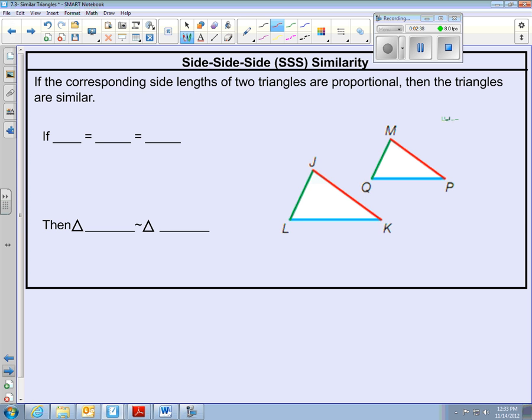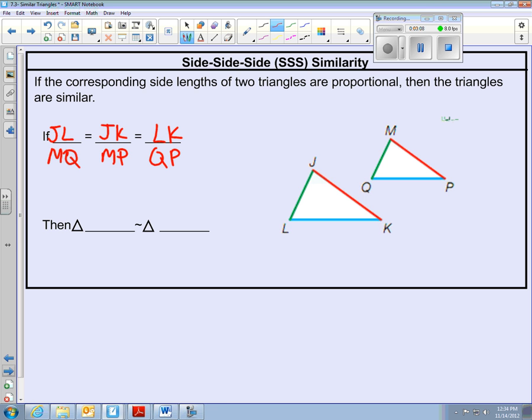If the corresponding side lengths of two triangles are proportional, then the triangles are similar. Okay, so we are going to look at our proportions this time, not looking for congruent sides. So if I have JL, and that's proportional to MQ, now remember we want to match these up from one triangle to the other, and that is proportional to my MP and proportional to my LK and QP.